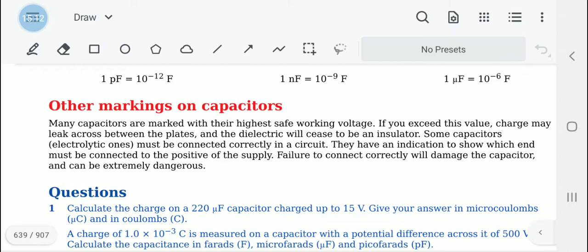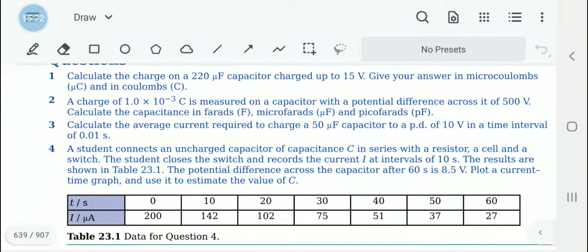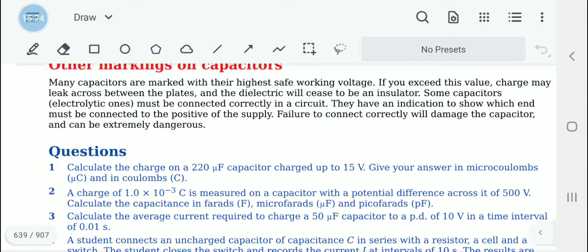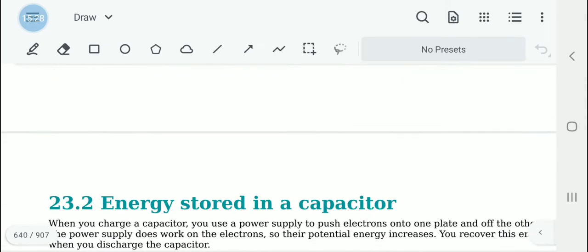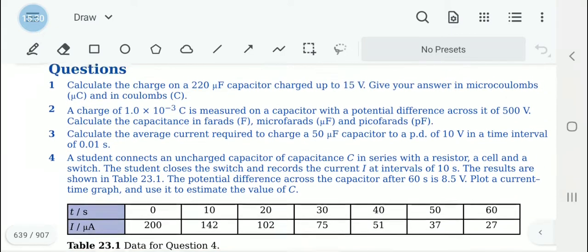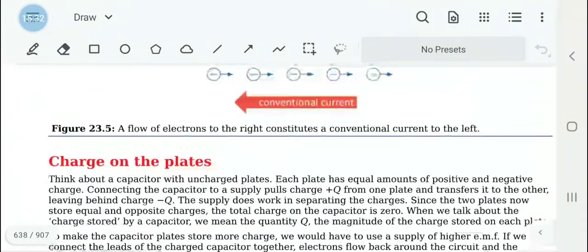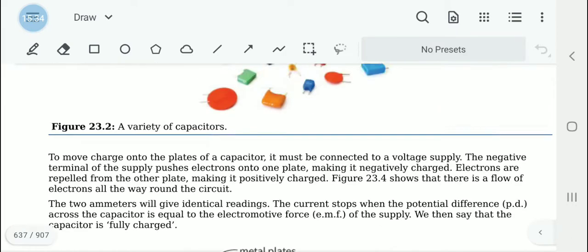If you connect it without knowing how to connect it, that can burn the circuit, and not only the capacitor but the entire circuit can be damaged. I hope you understood. If you have understood, please do question number 1 to 4. Let me give you a note on this first, and after that you can do the questions.